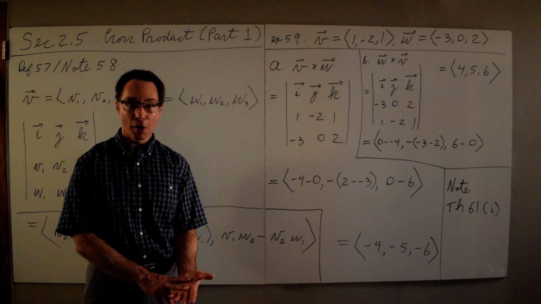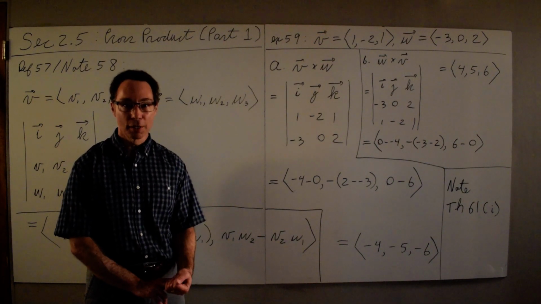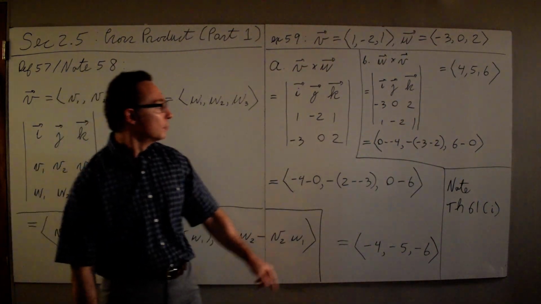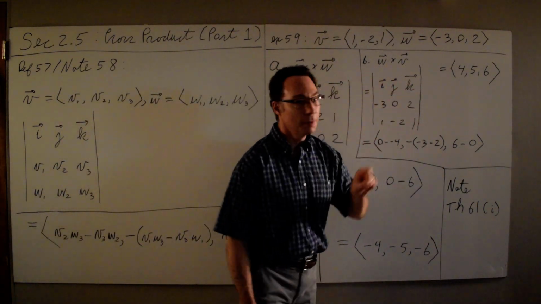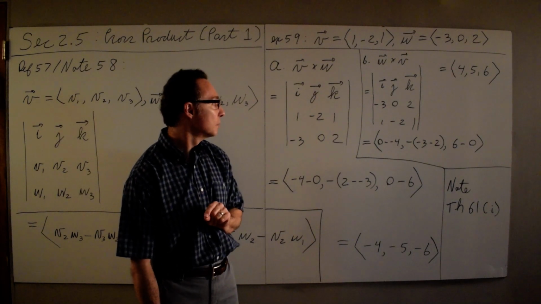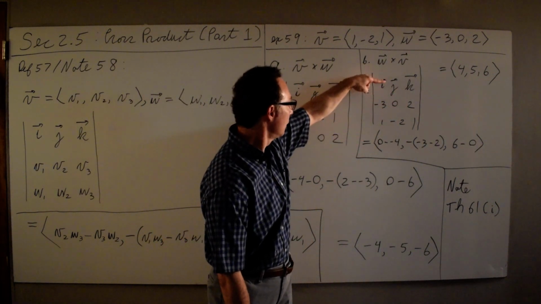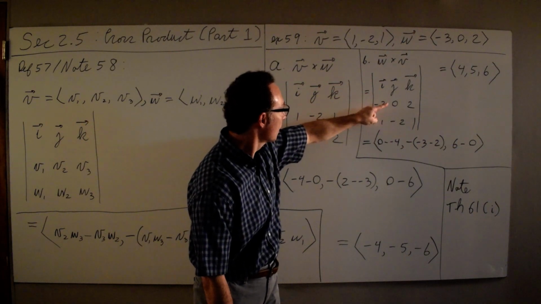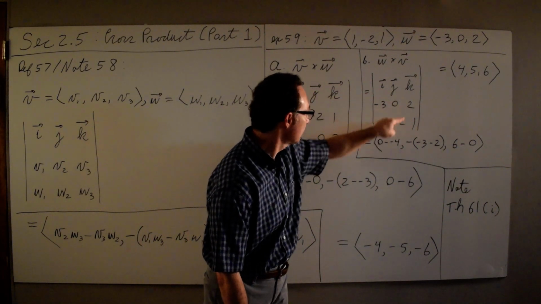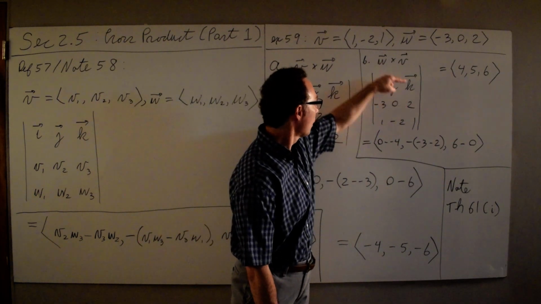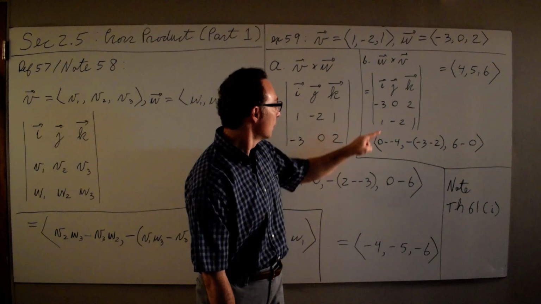Remember, dot product is a number, cross product is a vector. We take the cross product, W cross V. Same process. So for I, ignore the row, ignore the column, and we have 0 minus -4. For J, ignore the row, ignore the column.